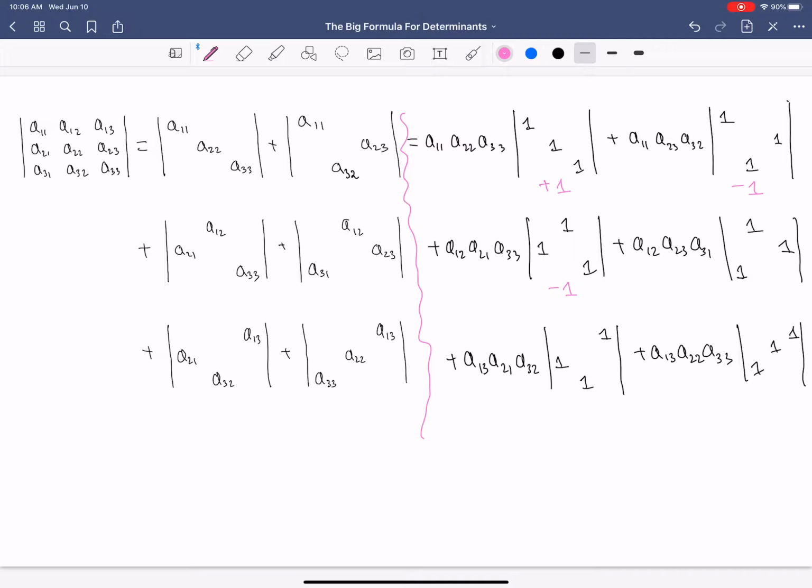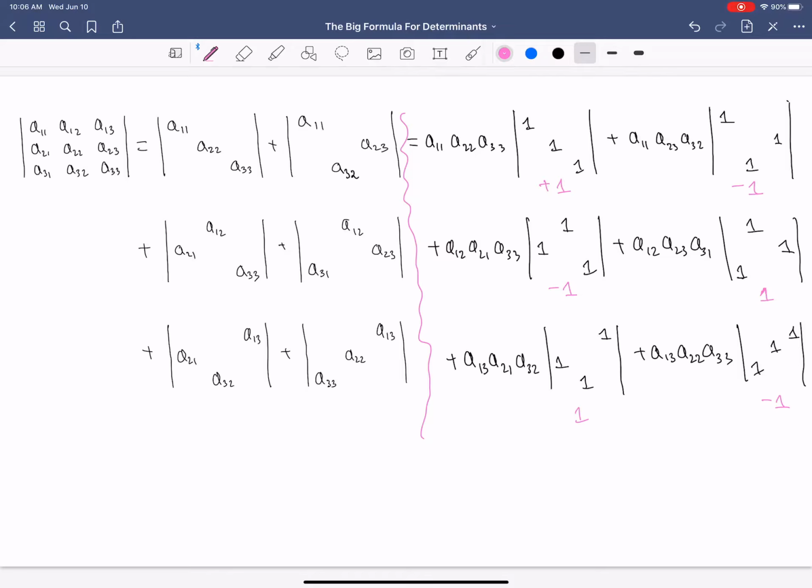And I know I have 3 positive ones and 3 negative ones. So if I just go to the very last one, I see if I exchange the first and the third rows, I go back to the identity, that's a negative 1. The other two have to be plus 1. So just by elimination, I know I have half of the permutations to be even and half of the permutations to be odd. Of course, you can take your time and check this.